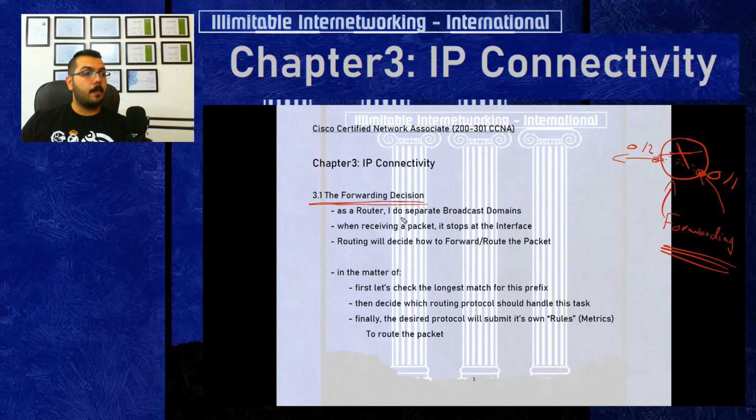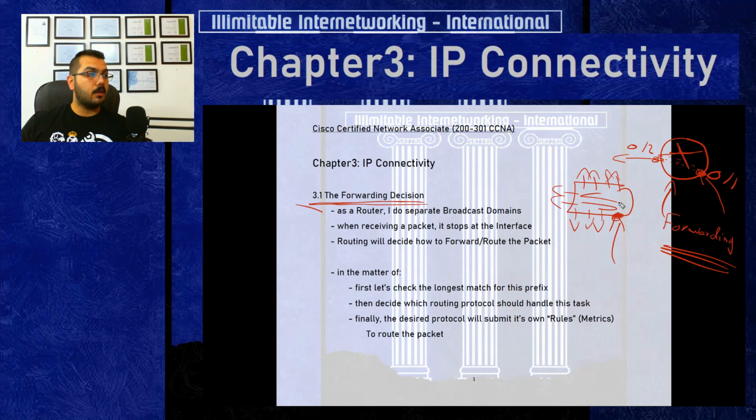Okay. So as a router, I do separate broadcast domains. When receiving a packet, it stops at the interface. Okay, you remember switches. When switches receive a broadcast message on an interface, what will happen? You should have known by now that it will forward this message directly to all the other interfaces except the interface that it received the broadcast message from.